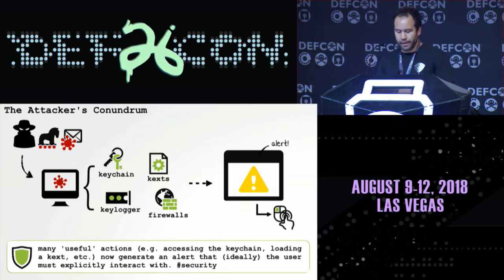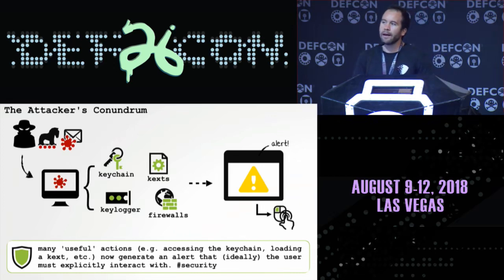Now it wants to do something. Unfortunately, at least for the attackers and malware, on modern versions of macOS, many useful actions will now be blocked and generate an alert until, at least in theory, the user interacts with the alert, clicking allow or deny. So this stage of a cyber attack is kind of where this talk fits in, specifically how to interact with or bypass such alerts so that the malicious actions can continue.